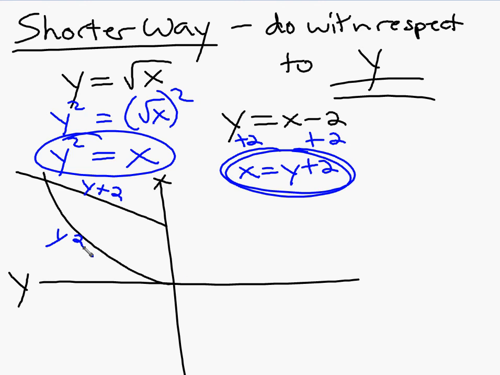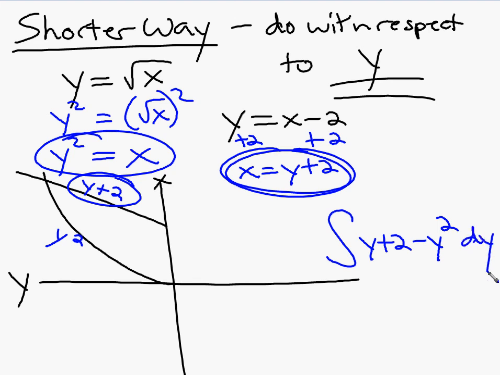And it is much, much easier, because now I don't have to break it up into all those separate integrals. What's the top function? Y plus 2. So I'm going to have the integral of y plus 2 minus y squared. It's going to be a much simpler integral, and this will be a dy instead of a dx.